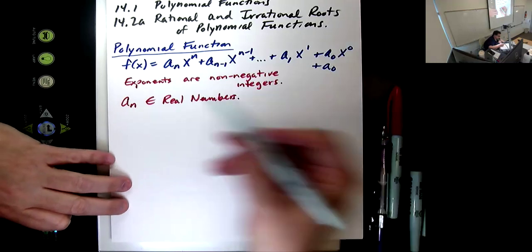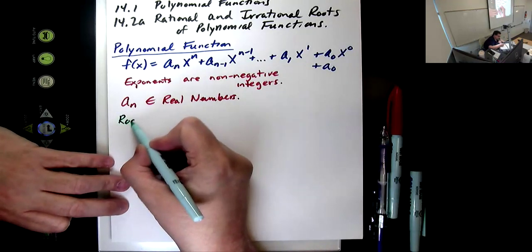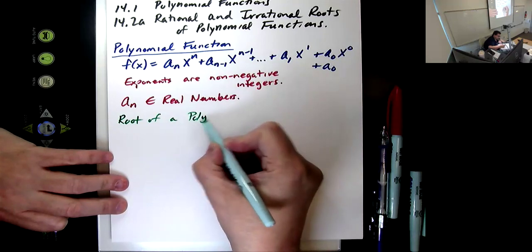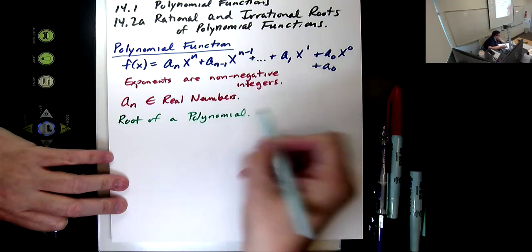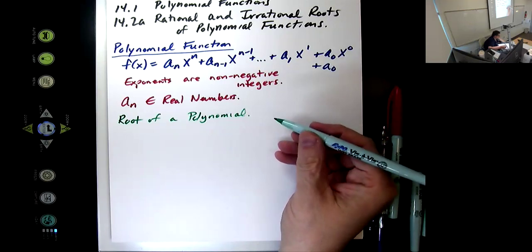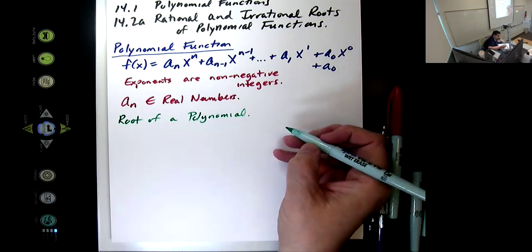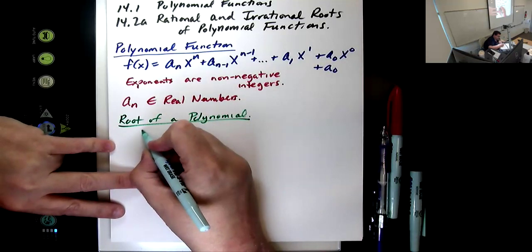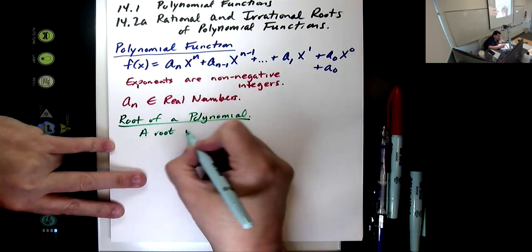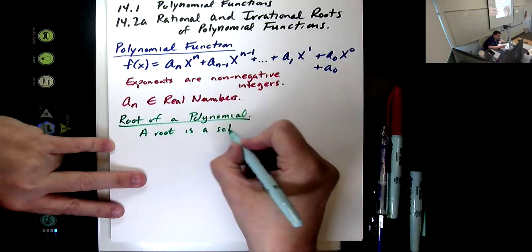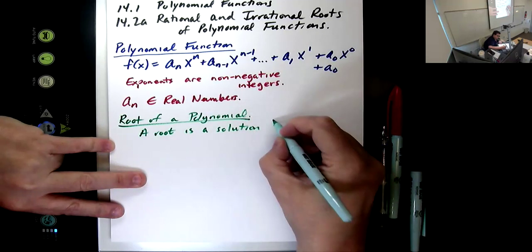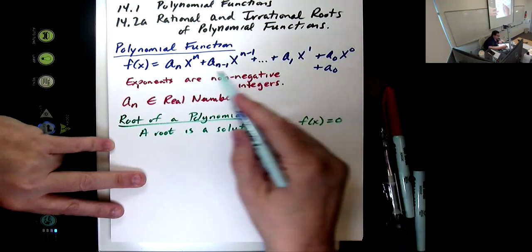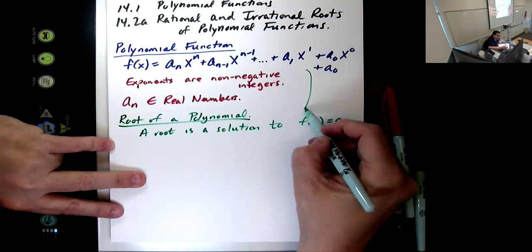Then you will hear me say something like root of a polynomial. A root of a polynomial is a solution to f of x equals 0, where we take this whole thing and set it equal to 0.